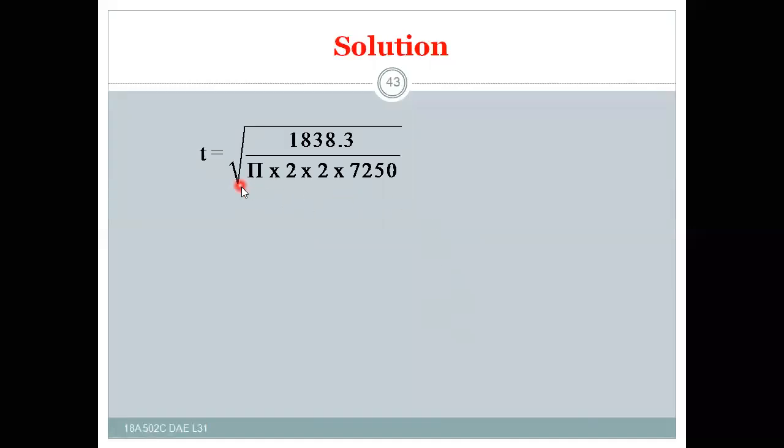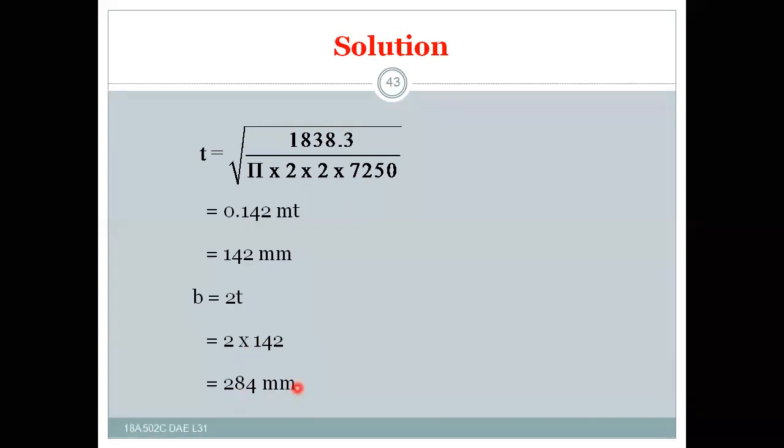Then T, after substitution of all the values, you will get 0.142 meters, that is 142 millimeters. Similarly, using B equal to 2T, you will get B value as 284. With this, you got everything.